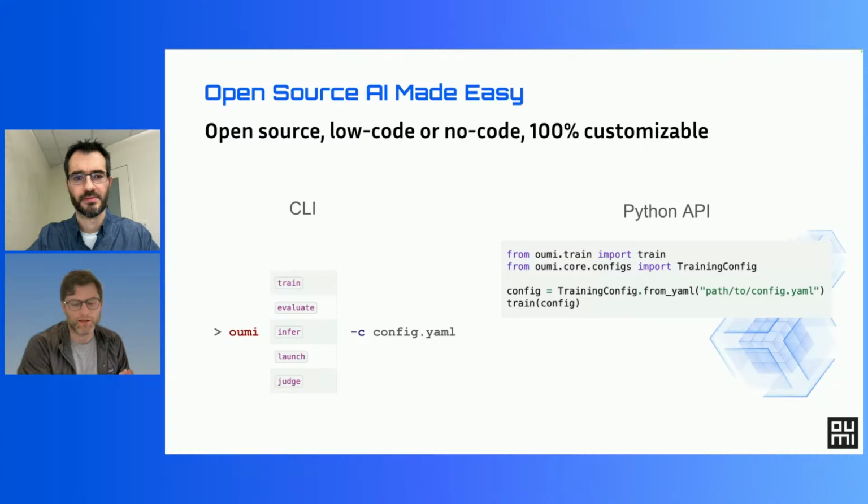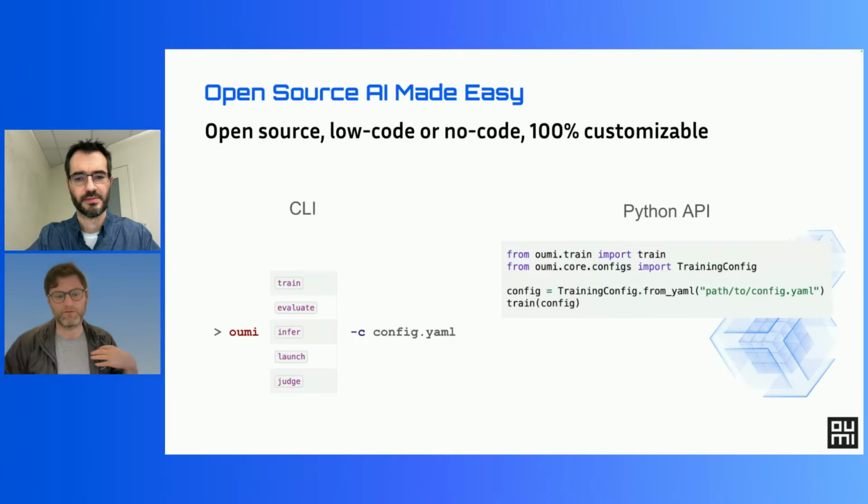There's also a low-code option. You can access open source Oumi via the Python API, using some analogous classes or objects that you create after importing Oumi. You can do the same steps.